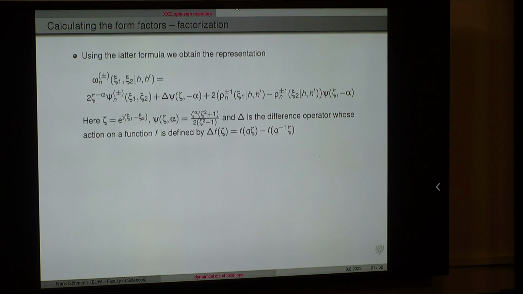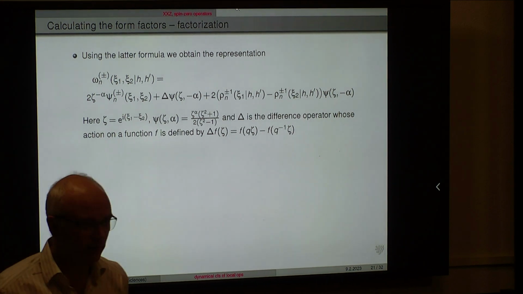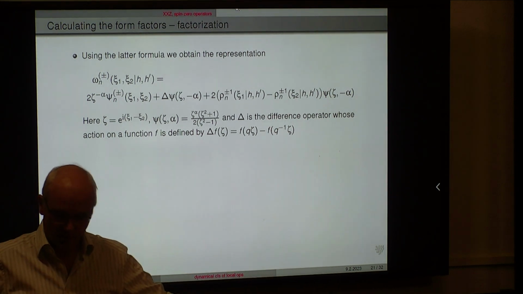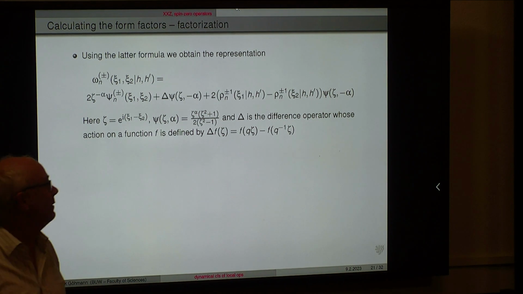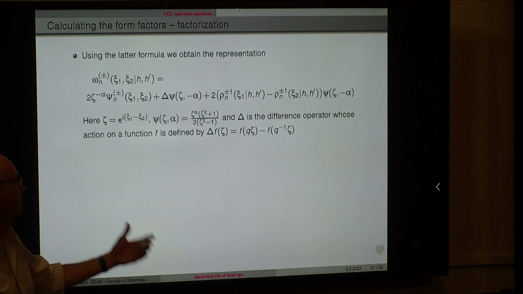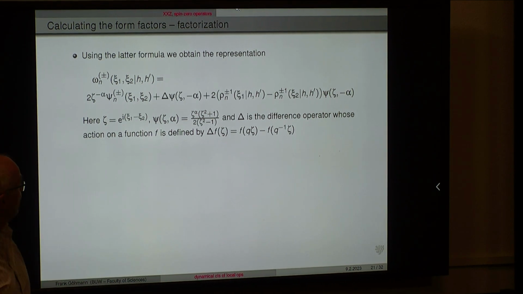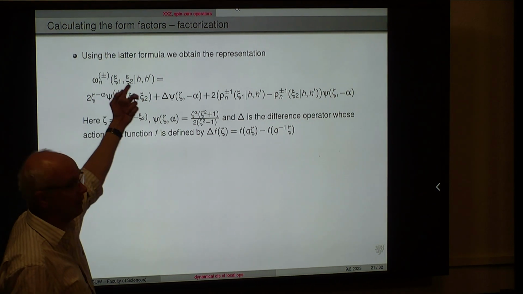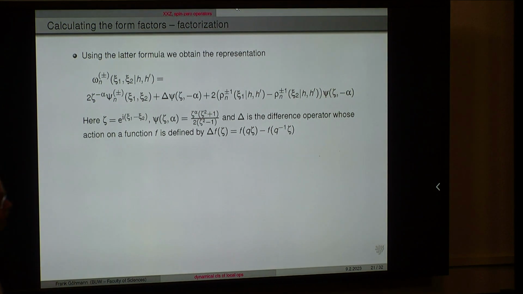Right? That's the answer. And then, since we have this Smirnov theorem, we can get all form factors of arbitrary length expressed in terms of some rational coefficients, which will be generated by the fermionic basis, and derivatives of this function omega and the function rho.